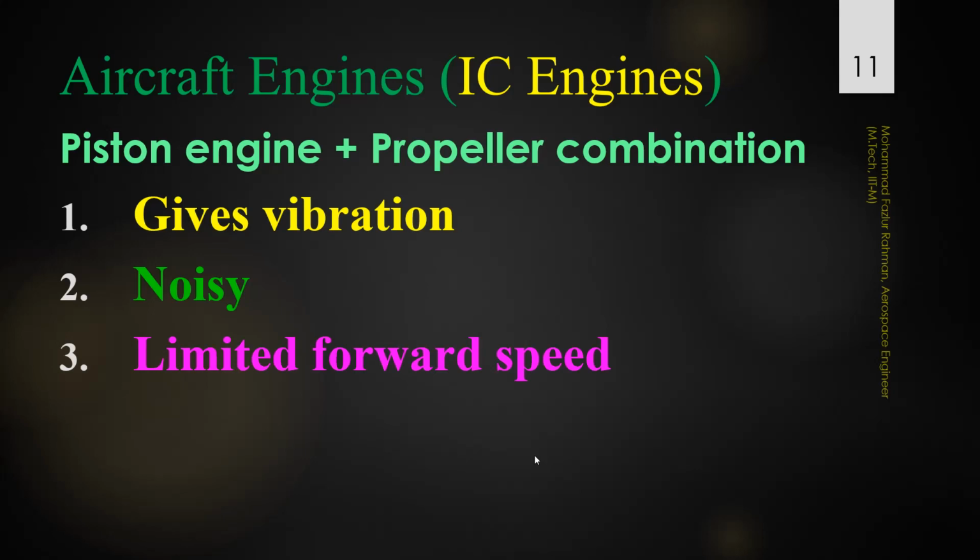The more important drawback is that its forward speed is limited, because the propeller, which is producing thrust, sees two velocities, and the final velocity with which it is operating is higher than the forward velocity of the vehicle itself.